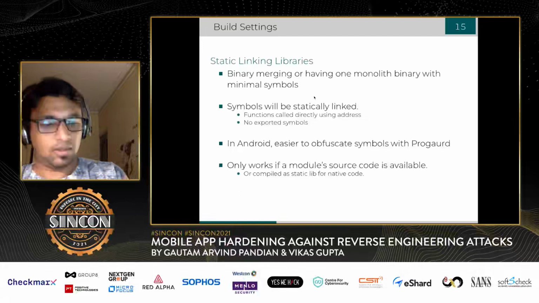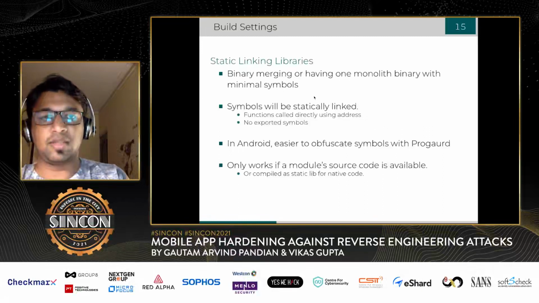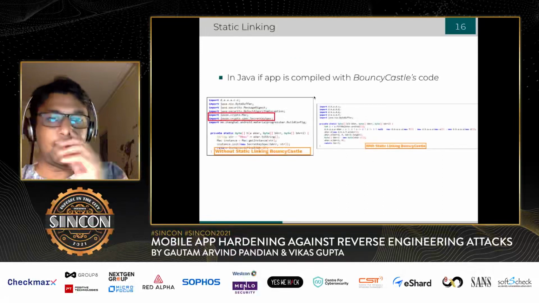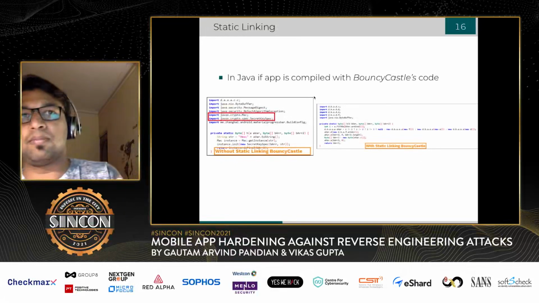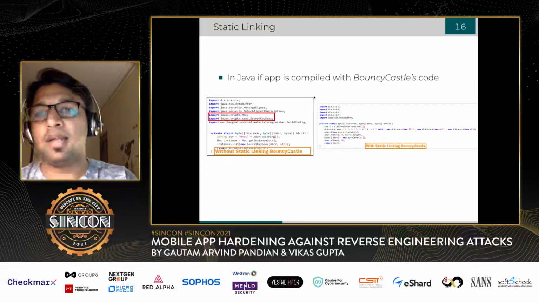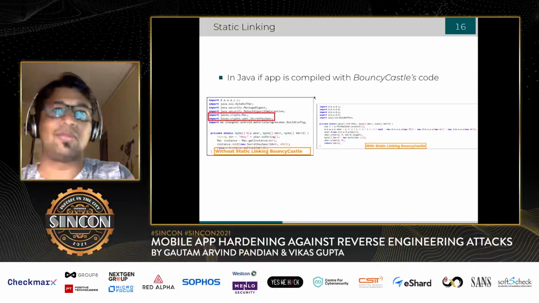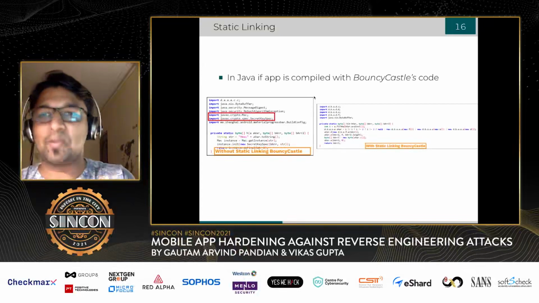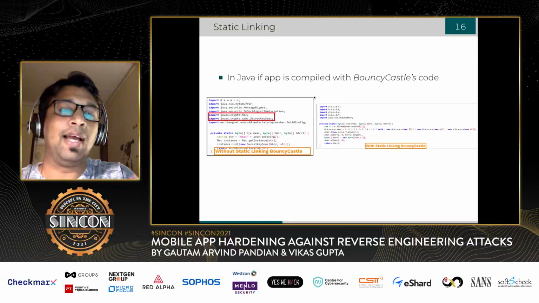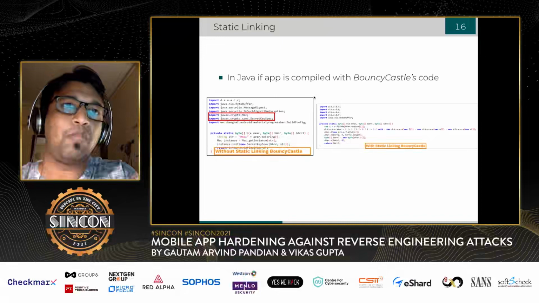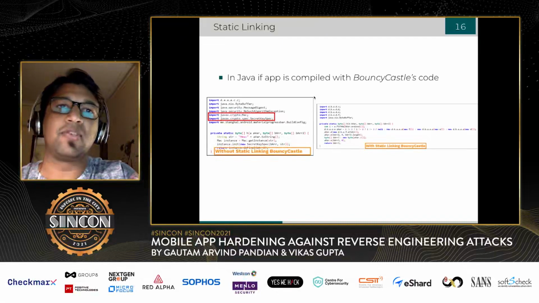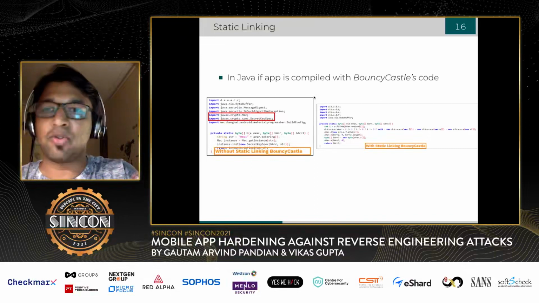Let's try to see this with an example. Again, it's not called static linking in the case of Java, but it's easier to get the idea of what we are trying to propose under this one heading of static linking. On the left-hand side we are using the system APIs for performing certain operations, and on the right-hand side we are using Bouncy Castle.